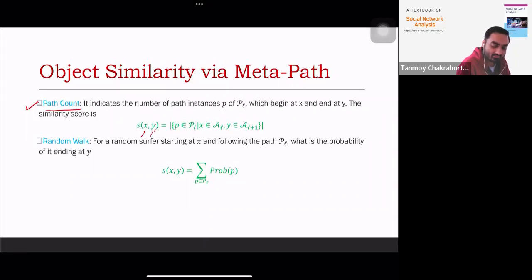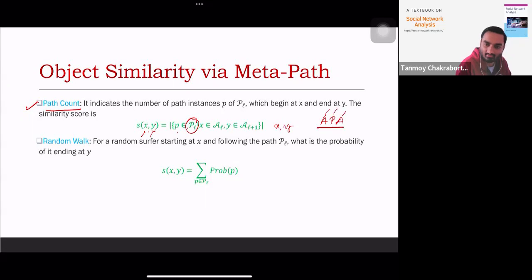Path count is the number of paths between X and Y of type PL. PL is a particular type of metapath. So let's fix that the metapath is APA, for example. The similarity between Mr. X and Mr. Y is the number of actual path instances of type APA between X and Y.